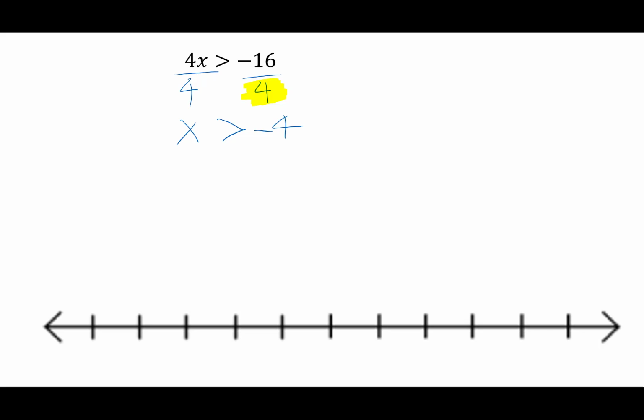So therefore, I do not need to flip my inequality sign. I should not flip my inequality sign. So, closed dot at negative 4 because it's equal to, and I'm shading to the right because it's greater than.